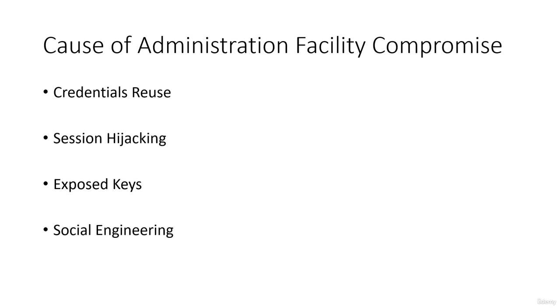That target could be the individual whose account an attacker wants access to, but it could also be someone on the support side of the cloud provider itself. So let's move on and take a better look at social engineering, because in the context of administration facilities of cloud services, it is a really important topic to be aware of.